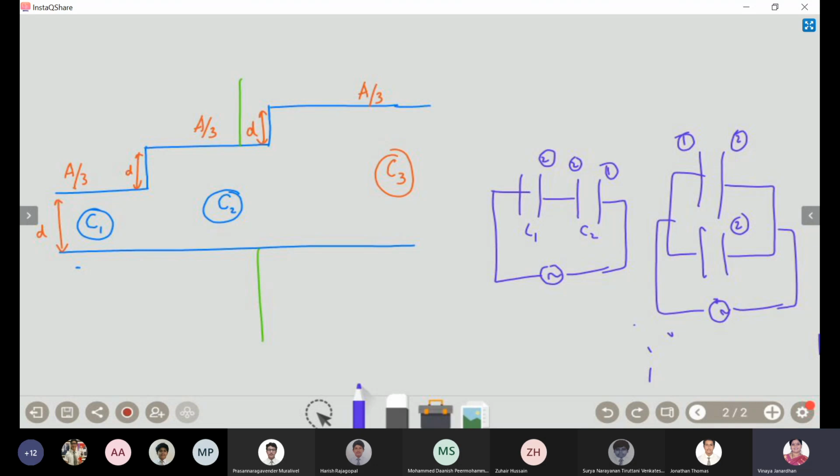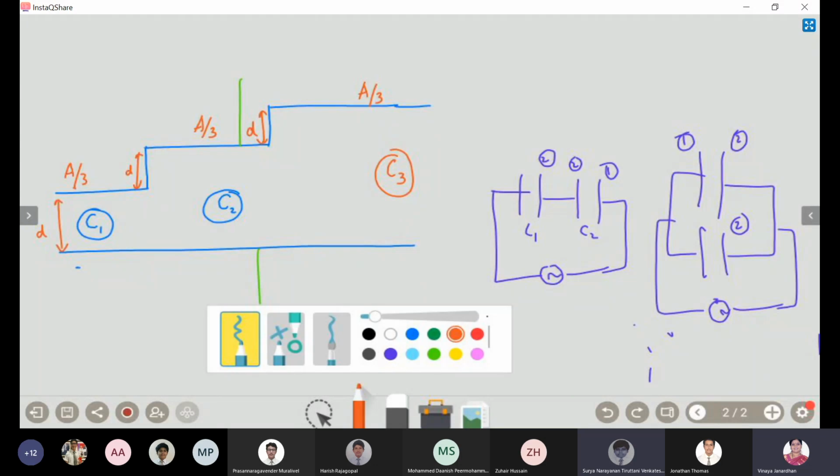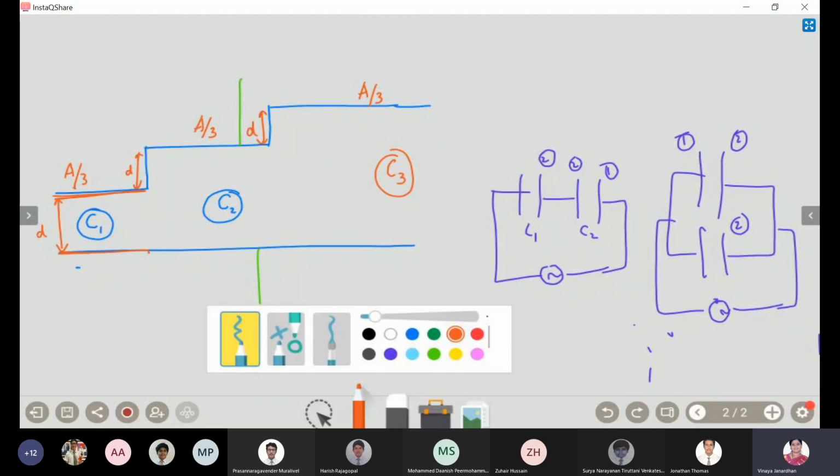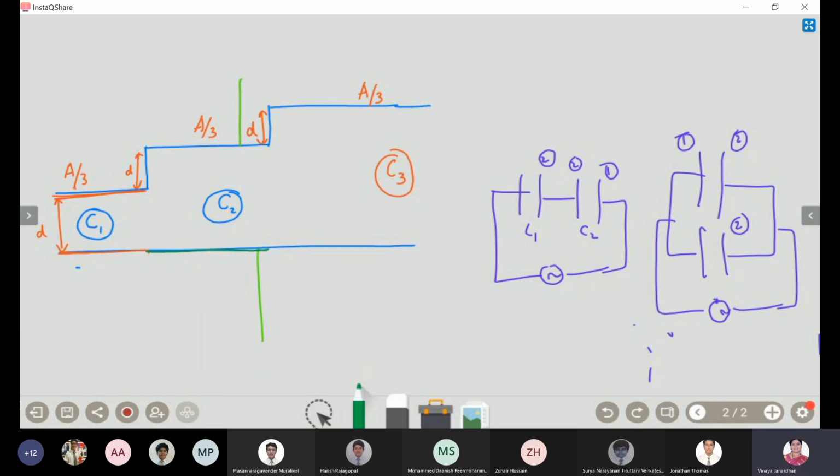Now, look at this and identify what type of connection this is. C1, C2, C3. Can you identify the lower plates? This is the lower plate of the first one, this is for the second one, and the next one will be for the third one.